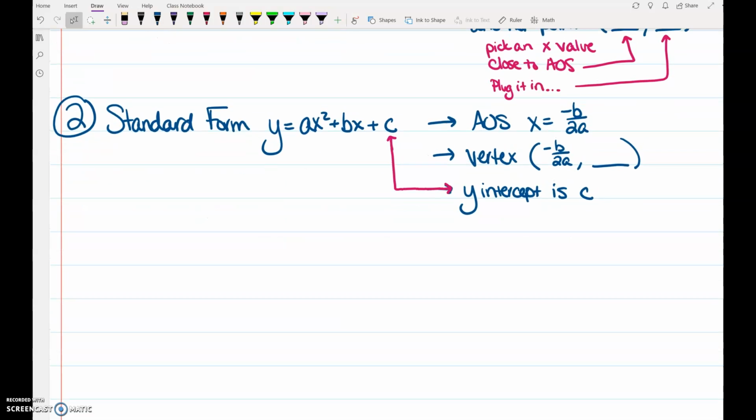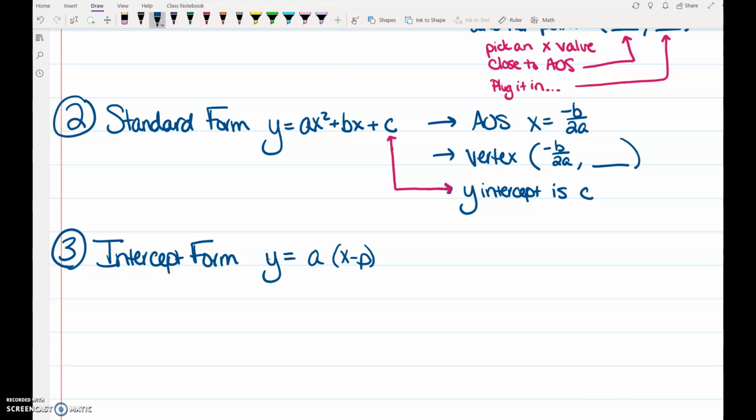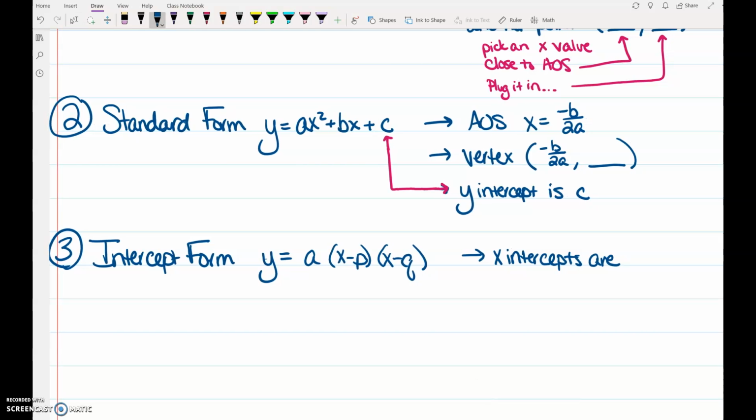And last but not least, my favorite form, intercept form, is y equals a times (x minus p) times (x minus q). Your first step is to identify your x-intercepts.